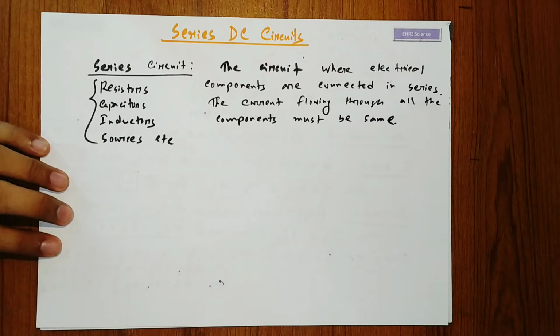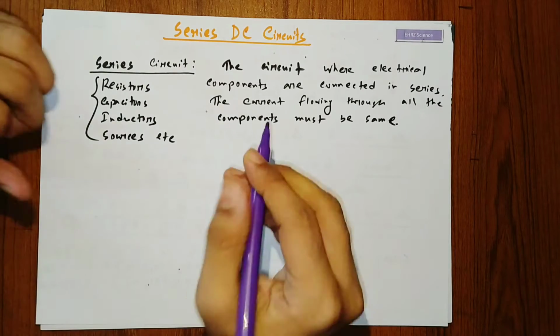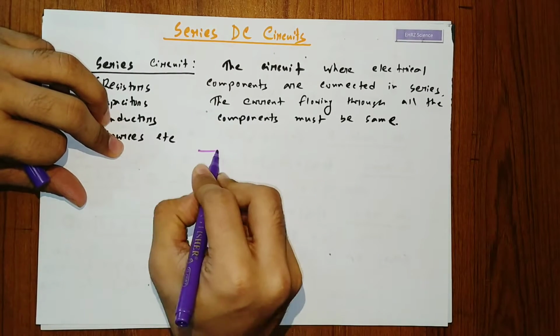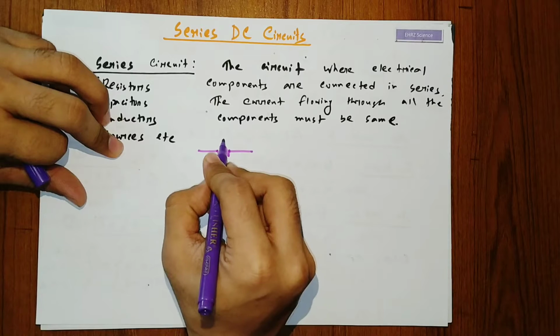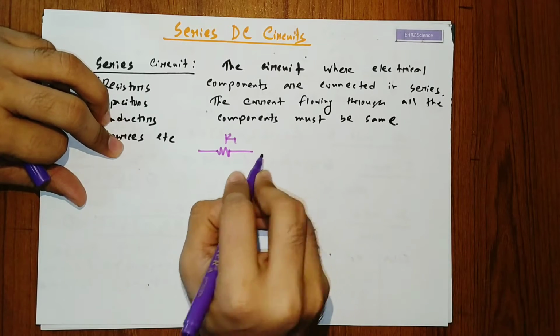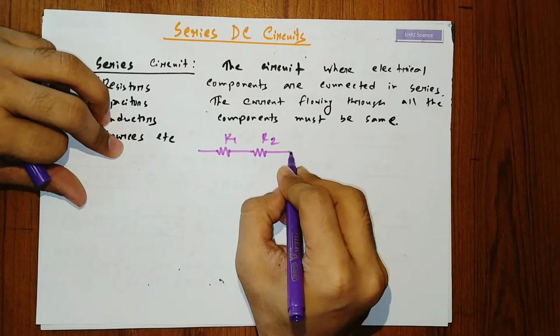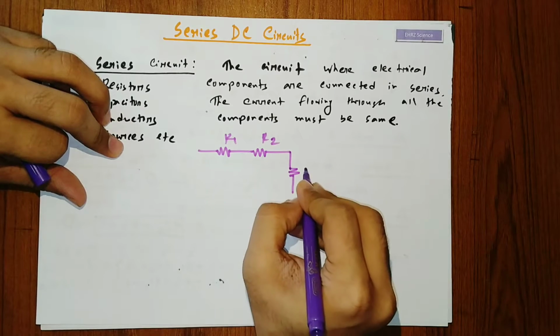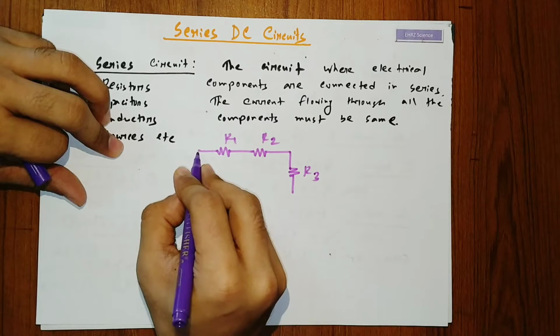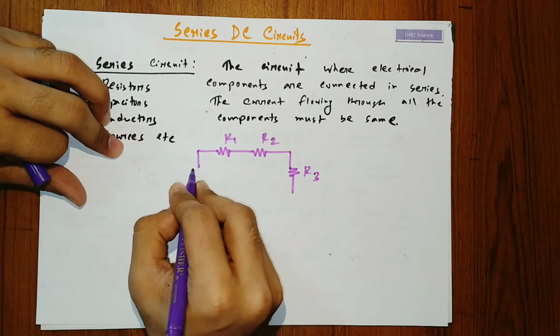See, if we have an example, suppose this is our resistor R1, this is our resistor R2, and this is resistor R3. This is a voltage source.